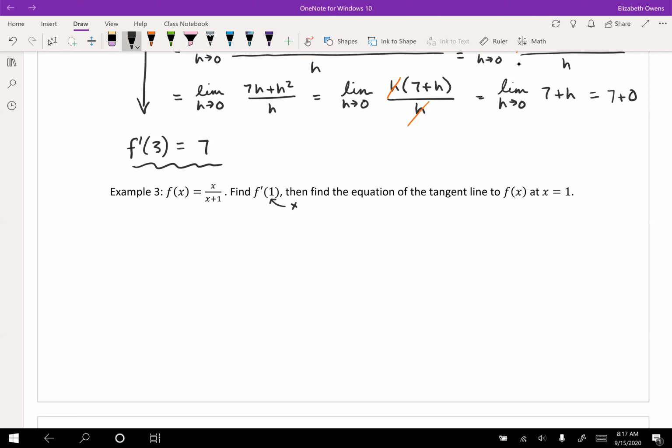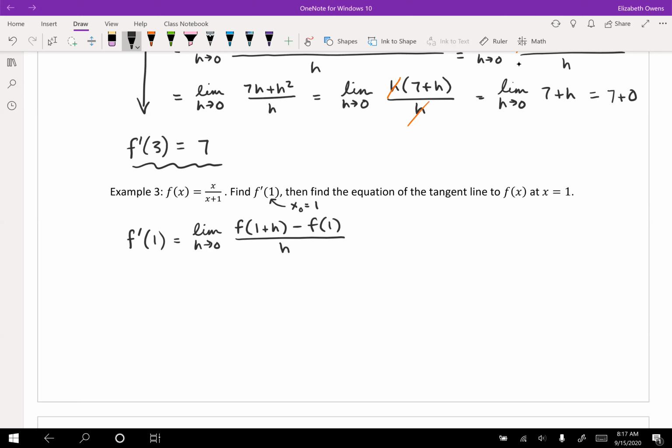Okay, our point, x naught, is 1 there. So f prime of 1 is going to be the limit as h approaches 0, f of x naught plus h, so that would be 1 plus h, minus f of x naught, f of 1 there, all over h.